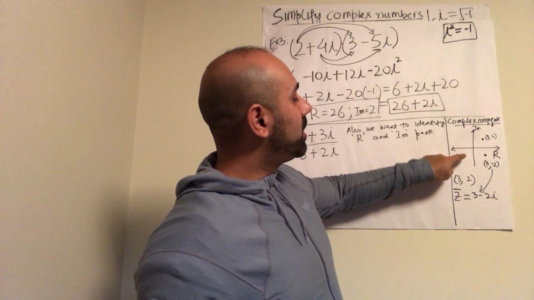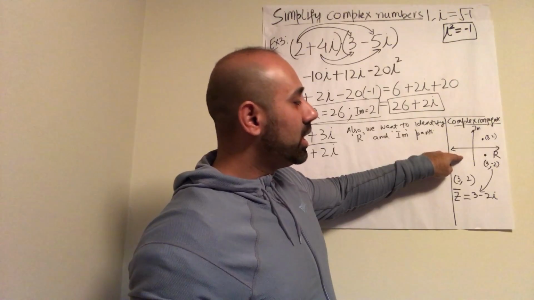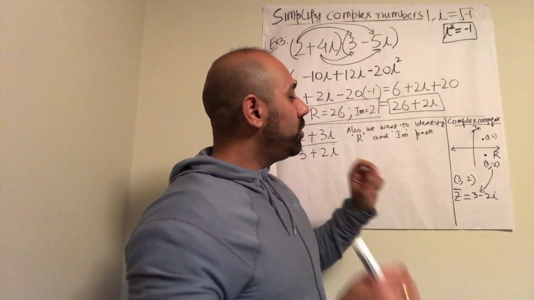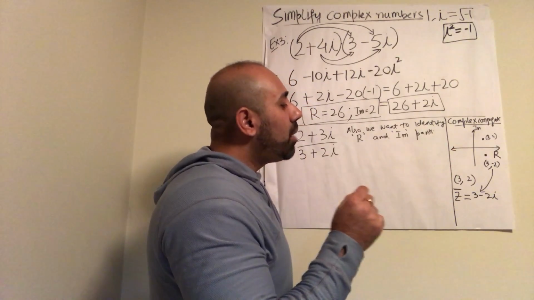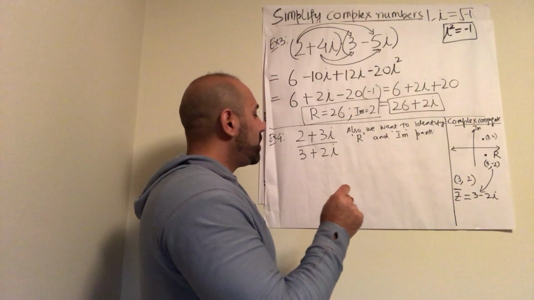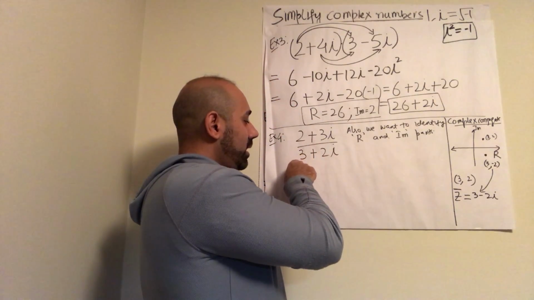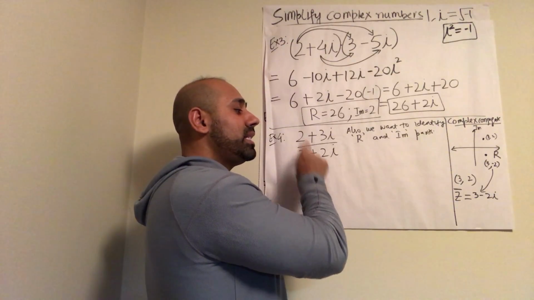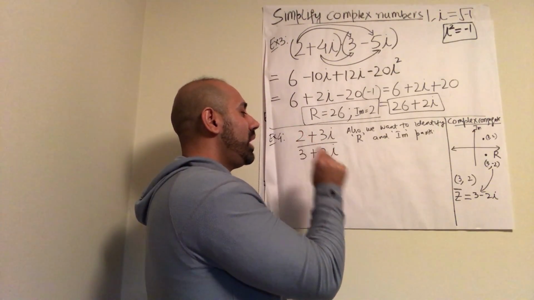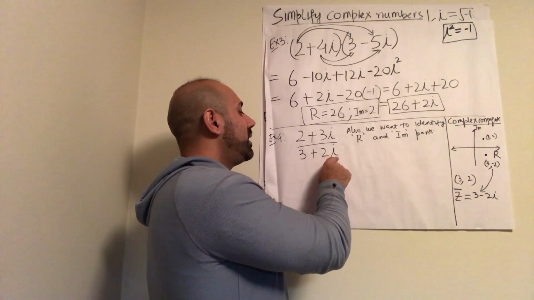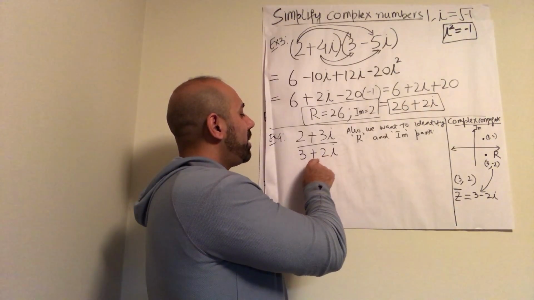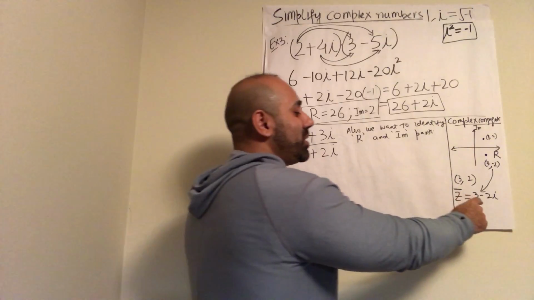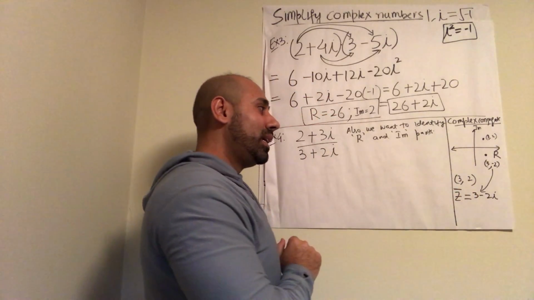Then the reflection would be somewhere below, and we have a different complex conjugate. But if you look carefully, the complex conjugate is always very similar to the original complex number, except you change the sign in front of the i. In this case, you had a positive 2 in front of the i, and the complex conjugate has a negative 2 in front of the i.